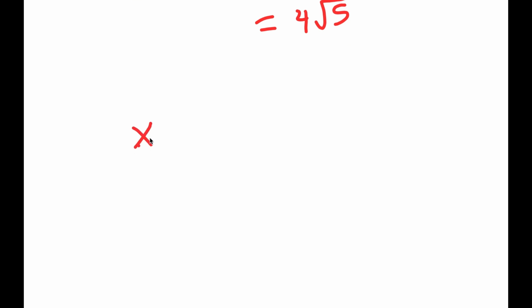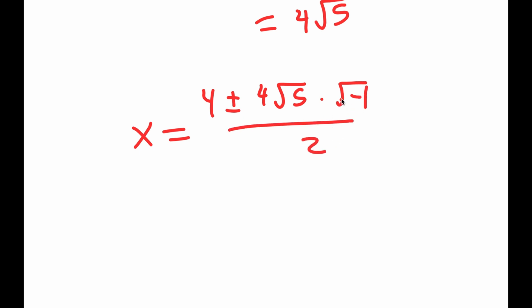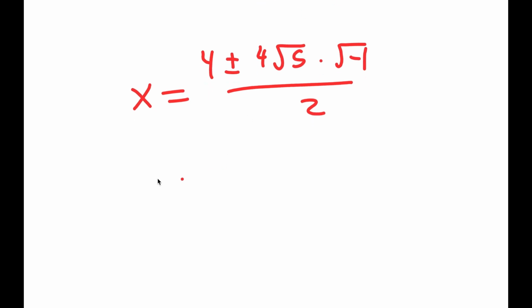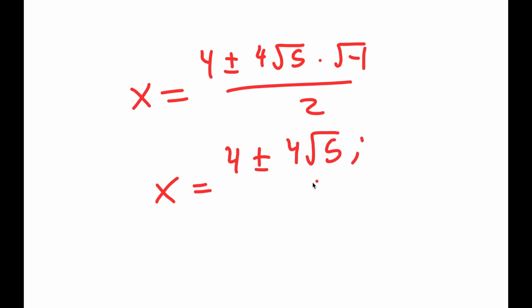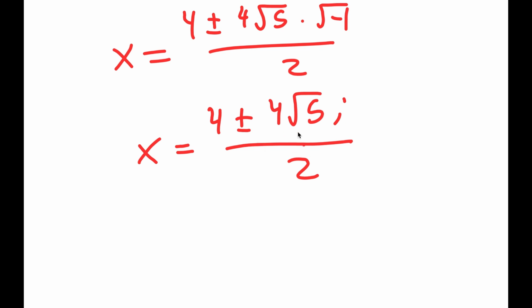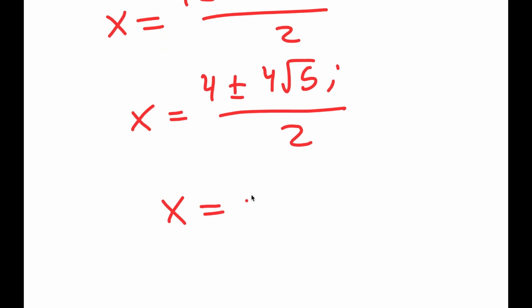So I get x is equal to 4 plus or minus 4 root 5 times the square root of negative 1 over 2. And if you didn't already know, the square root of negative 1 is equal to the imaginary number i. So I get x is equal to 4 plus or minus 4 root 5i over 2. And now I can divide both these terms by 2. So I get x is equal to 2 plus or minus 2 root 5i.